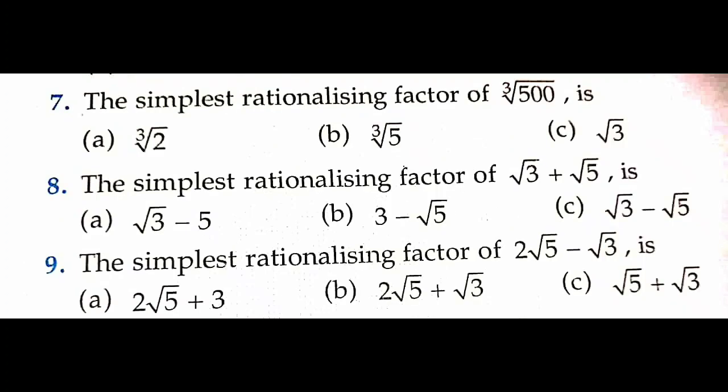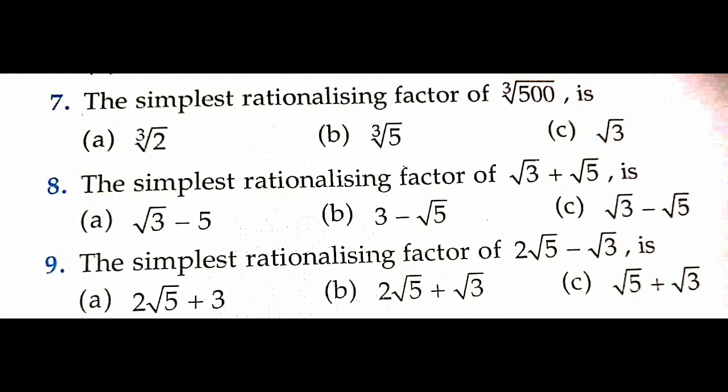Next question: the simplest rationalizing factor of cube root 500 is. For finding the rationalizing factor, first of all we have to find its prime factors. Cube root of 500 can also be written as cube root of 5 into 5 into 5 into 2 into 2.